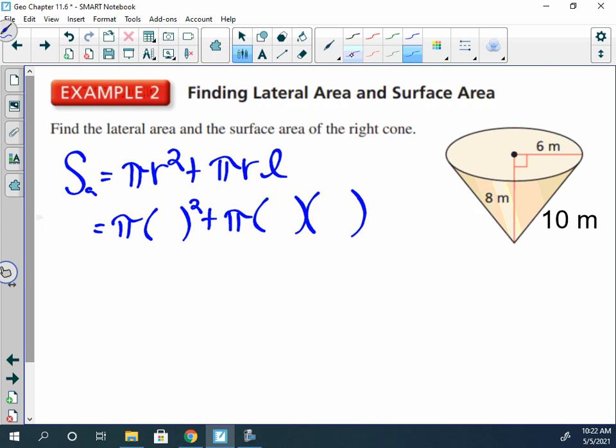Now, we can use this formula, pi r squared plus pi r L, to find the surface area of the cone. What's our radius going to be? In both of the r's, we're going to fill in 6. And L is our slant height, so what would we fill in for it? 10.